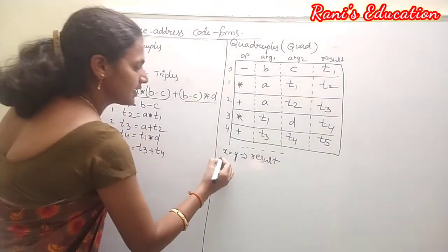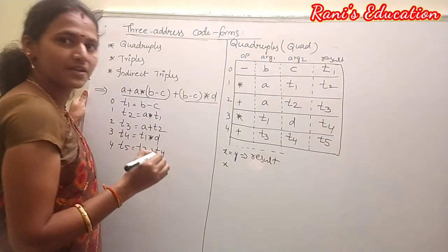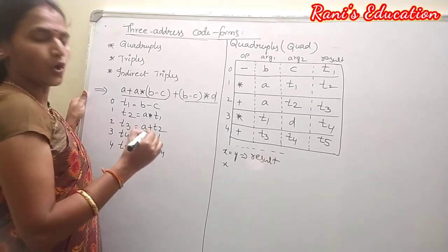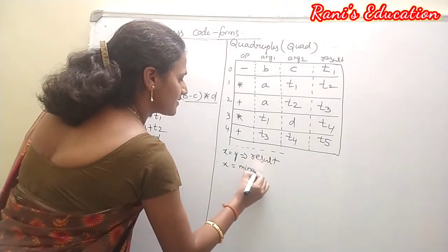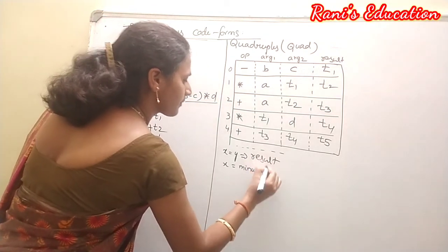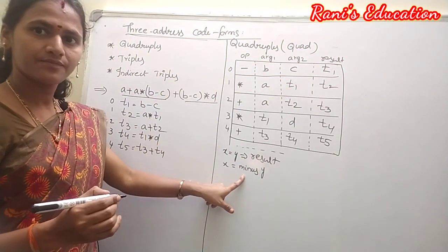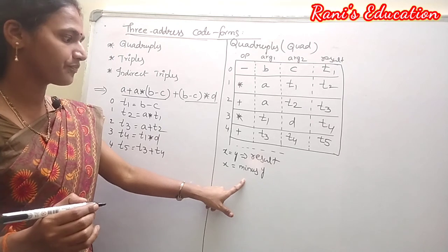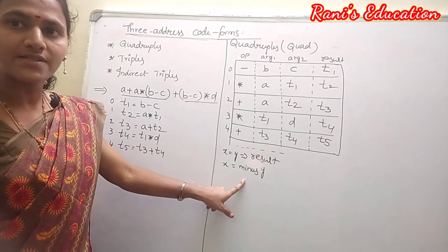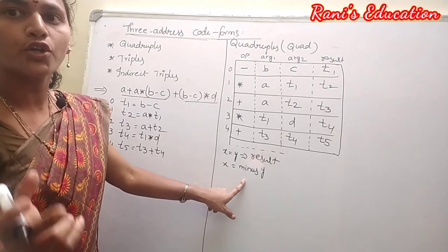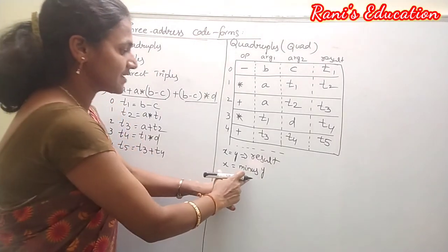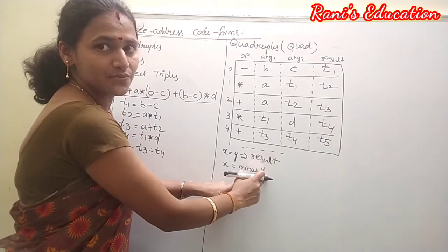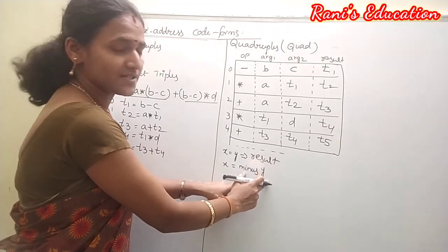Otherwise, if the given instruction contains a unary operator, let us take x equals minus y. In such a case, we are going to consider no argument 2 value. We have only argument 1. So this is the operator, and this is the first argument.